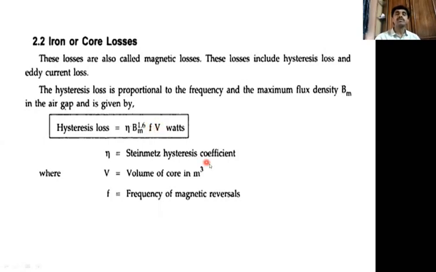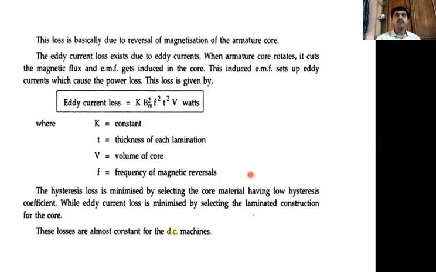We have discussed this hysteresis loss in magnetic circuits already. It is basically due to reversal of the magnetization of the armature core, as I discussed with the BH curve also.